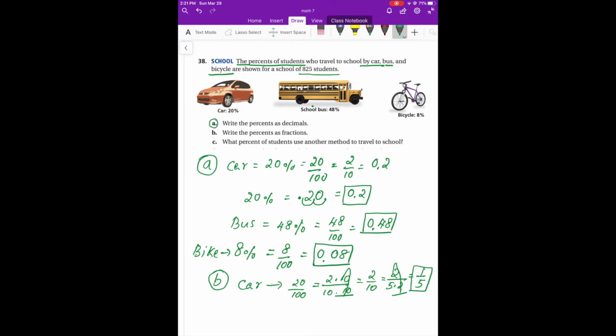Now the next one is school bus, which is 48%, so that's 48 over 100.